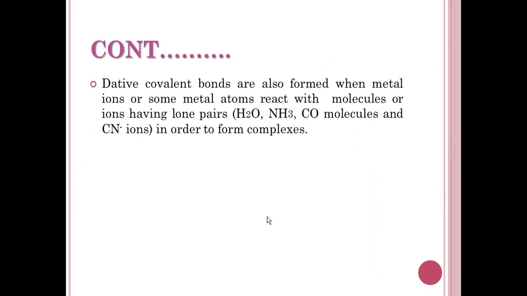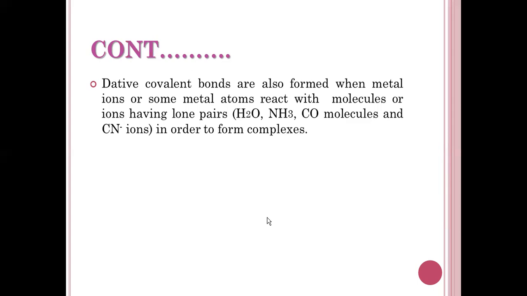Next, I'm going to speak about how dative covalent bonds are formed when metal ions or some metal atoms react with molecules or ions having a lone pair: water, ammonia, carbon monoxide CO molecule, and the cyanide ion CN minus, in order to form the complex.